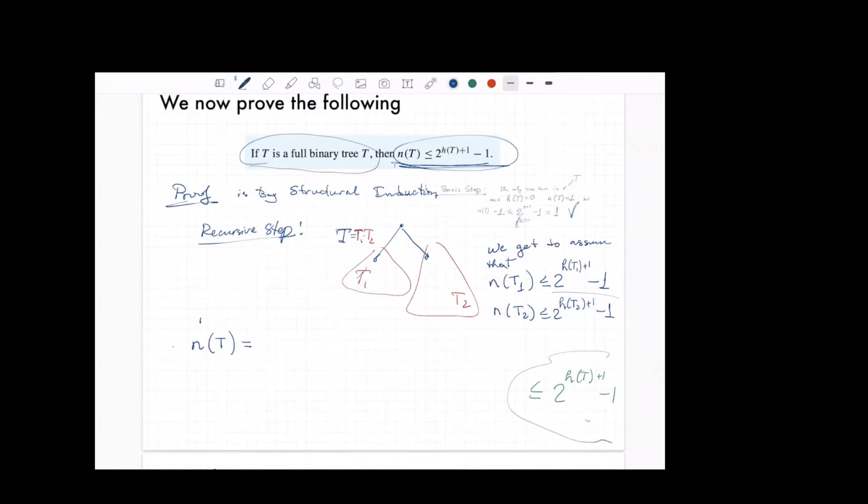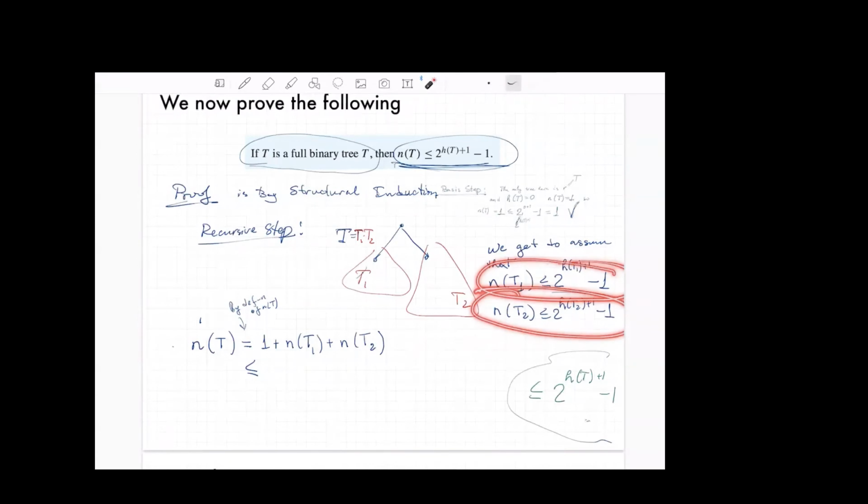I know that the number of nodes in my T, this T that was generated at this recursive step, is going to be 1 plus the number of nodes in T1 plus the number of nodes in T2, by definition of n of T. That's good. Now I also get to assume a couple of things about the number of nodes in the first tree and the second tree.